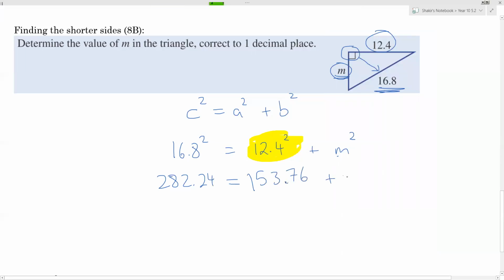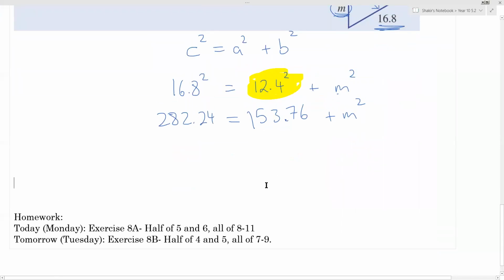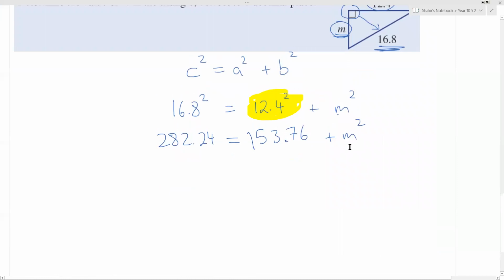153.76 plus M squared. Okay, now I want M to be by itself, so I'm going to get rid of 153.76. I'm going to subtract 153.76 on both sides. If you do it on the right, you've got to do it on the left. So minus 153.76 on the left as well.